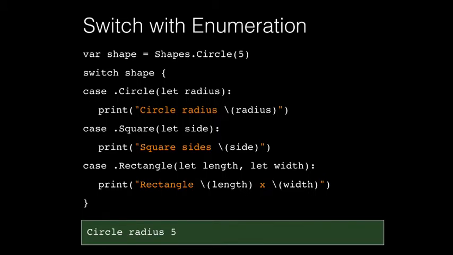You can't get at this 5 without having some sort of control structure to pull it out. You can't just assign var circle value equals shapes.circle or shape dot position 0 or something like that. They want you to use associated values within a case statement.